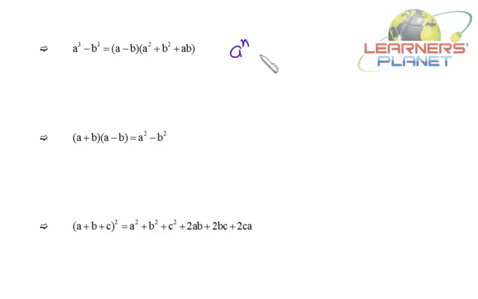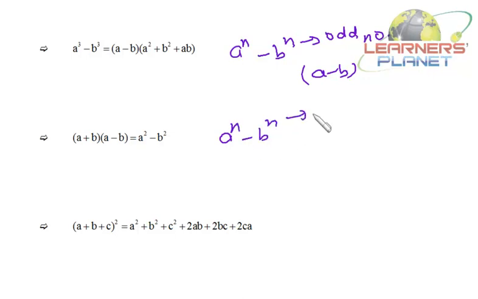Similarly, if a^n - b^n is there, and n is an odd number (any odd positive integer), then a-b will definitely be a factor of a^n - b^n. Similarly, a^2 - b^2 is (a+b)(a-b). So if a^n - b^n is there and n is an even number, then both a-b and a+b will definitely be factors of a^n - b^n.